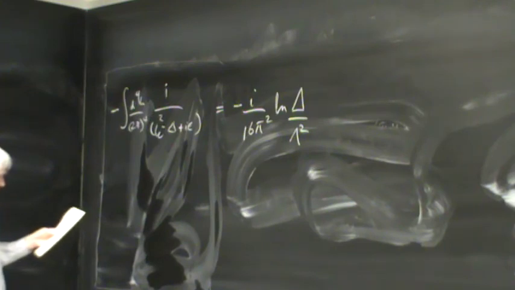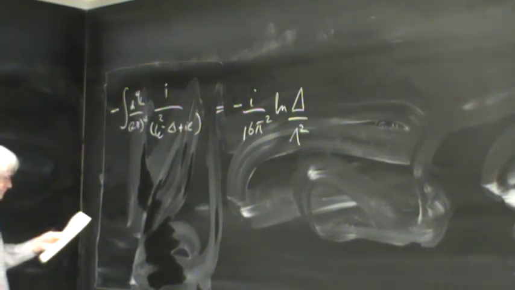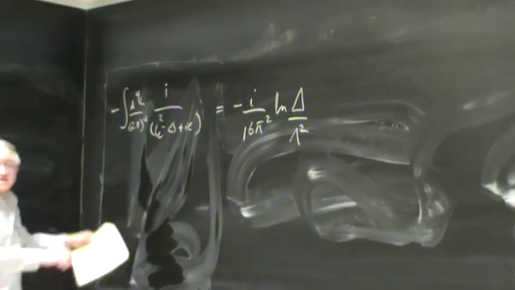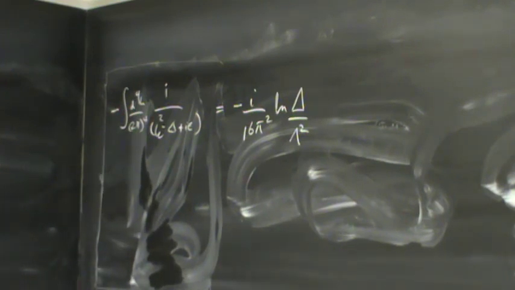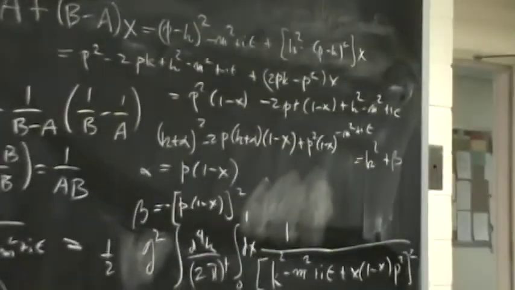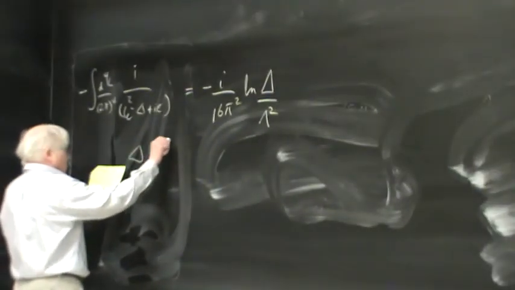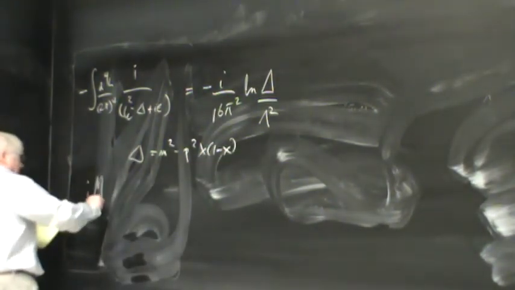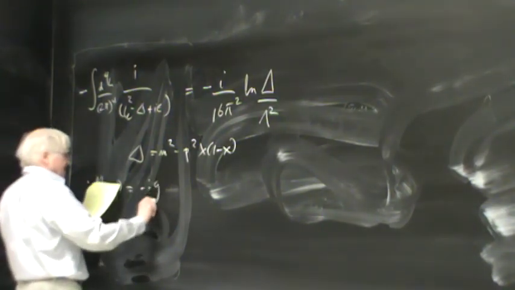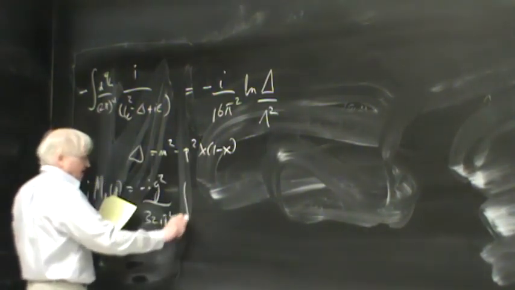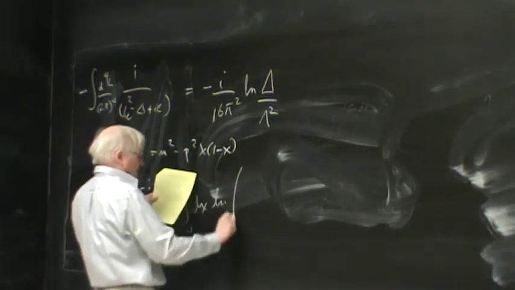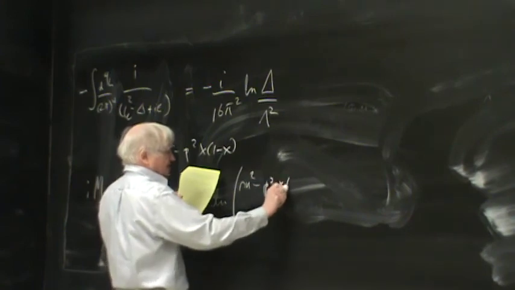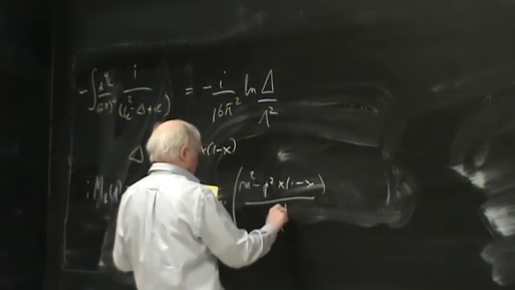And so when one finally does this whole business, putting these two things together, what we do is we set delta equal to m squared minus p squared x(1 minus x), and then altogether the amplitude of p is minus i g squared over 32 pi squared integral 0 to 1 dx log of (m squared minus p squared x(1 minus x)) over lambda squared.